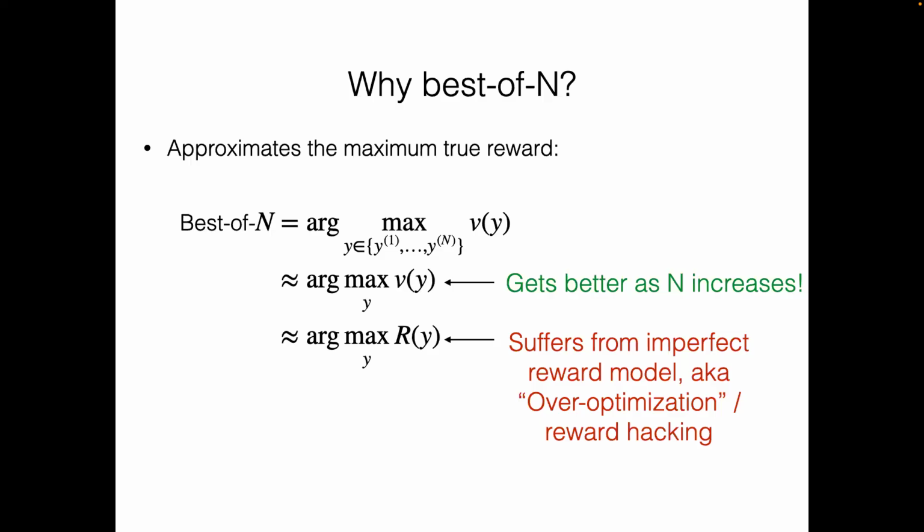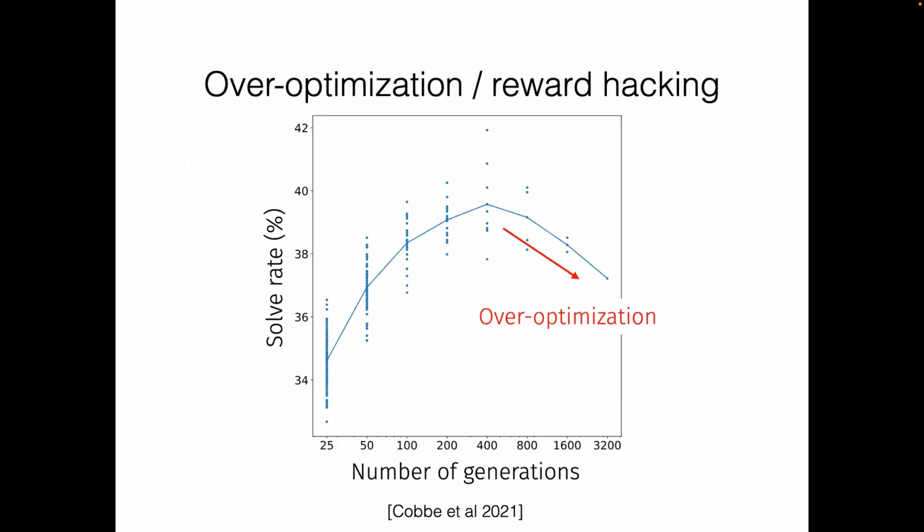As a concrete example, and this is again in this paper, like I said, they have a lot of nice insights. Here you could see that they're trying to generate up to like 3,000 different solutions and then choose the best one with their reward model. And you could see that at some point, the solutions are getting a higher score according to the reward model, but they're actually incorrect solutions.